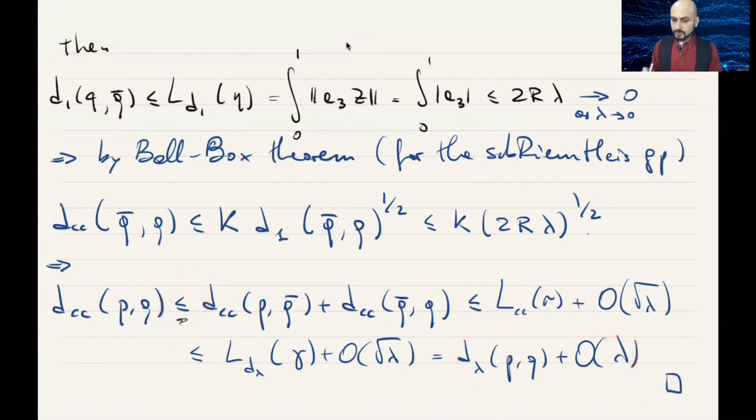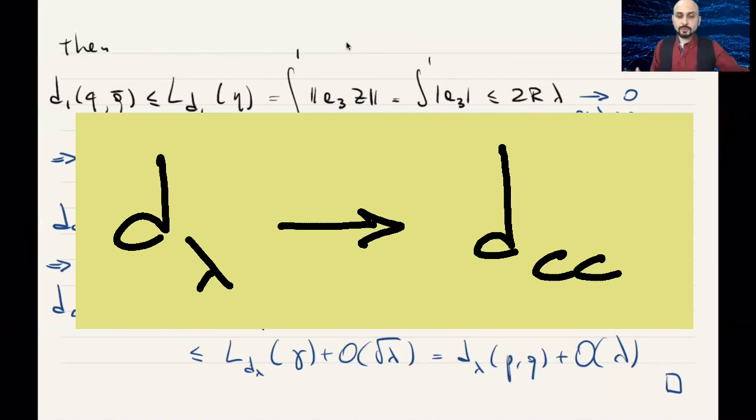So we finally proved that the distance d lambda converges uniformly on compact sets to the distance d lambda.